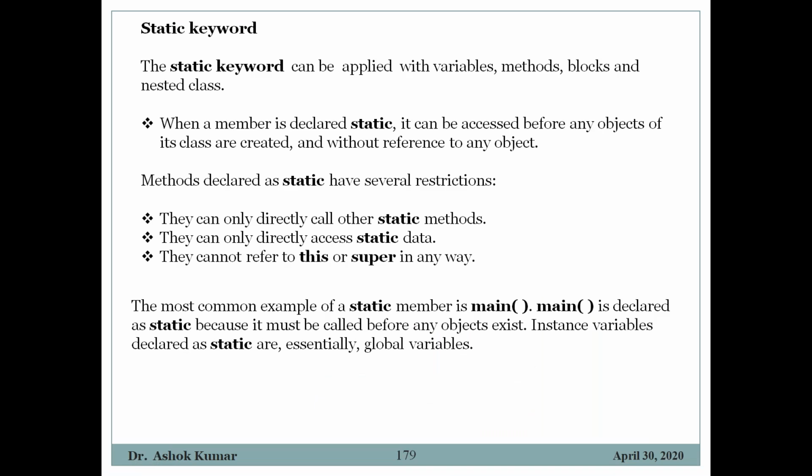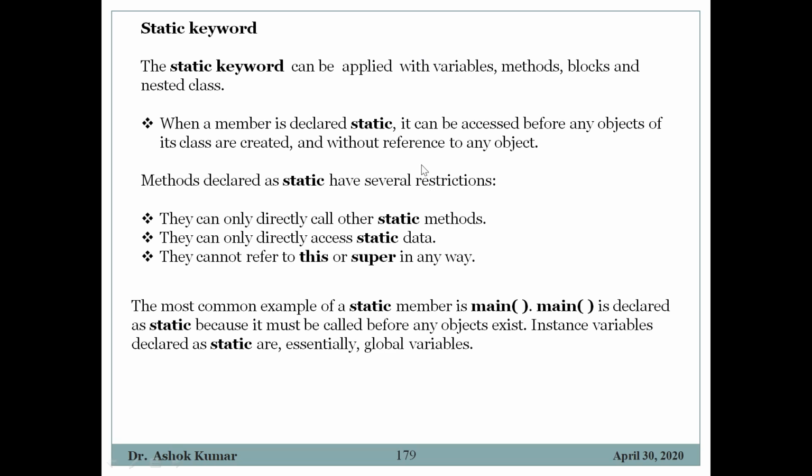So the next is the static keyword. I gave you one example already. You can use static with a class member. A class member means a variable, instance variable, or methods also. So the methods can be static, or instance variables can be static, and how these static members work, we will discuss.